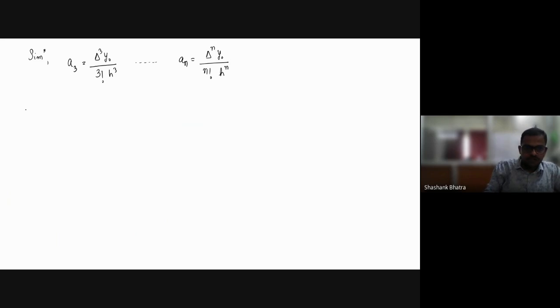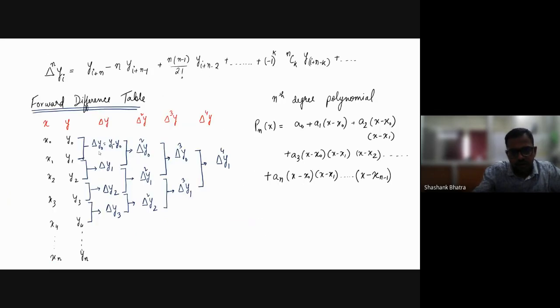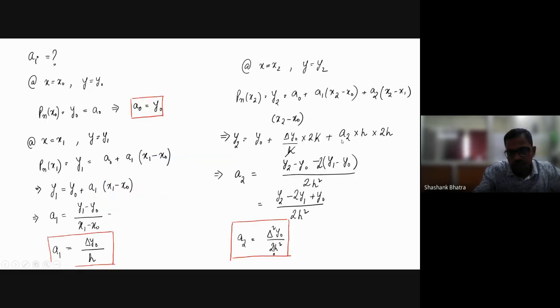Finally, what will be my nth degree polynomial? Pn of x is simply y naught, and we just have to replace these coefficients in the expression we have written, and accordingly we will get the values.